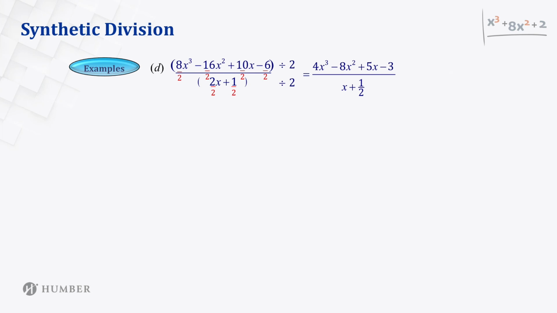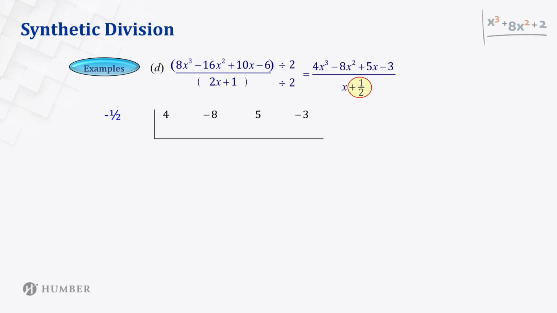As usual, our first step is to list the coefficients of the dividend. We have 4, -8, 5, and -3. Next, we need to identify the c value. Write the opposite sign of the constant in the divisor. So it is -half in this case.